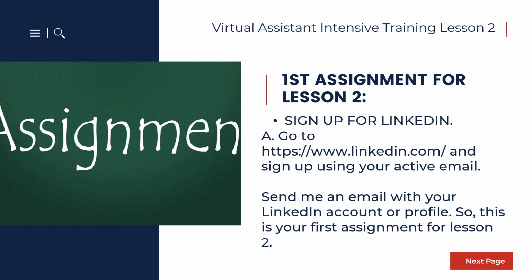Conduct research to identify where your potential clients are active and what type of content they engage with. Then you can customize your social media strategy accordingly. When you select the ideal platforms for your VA category, you can take advantage of your online presence and effectively reach your target audience.